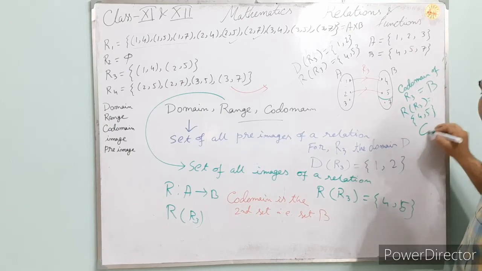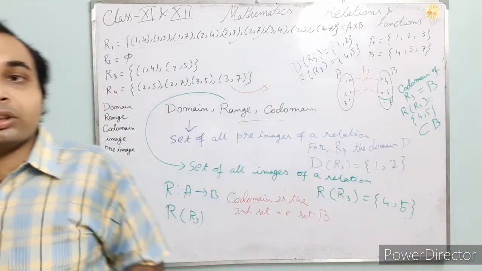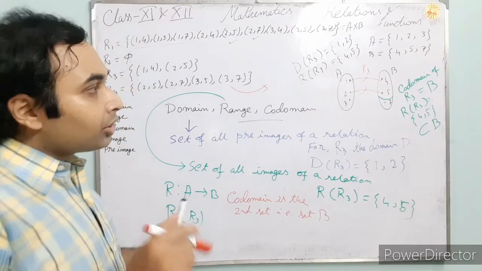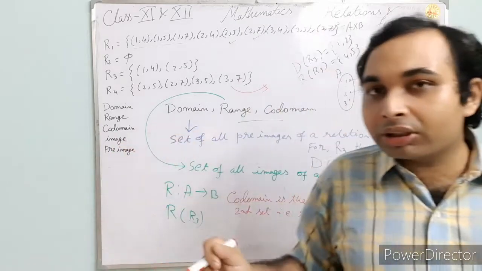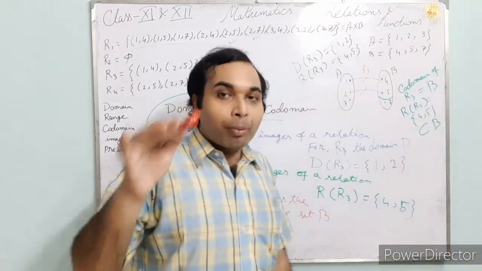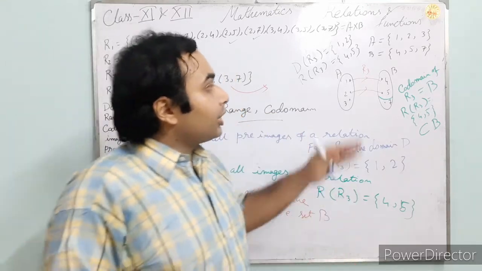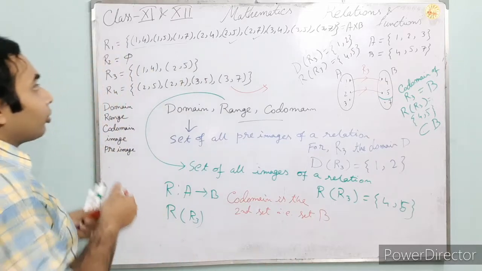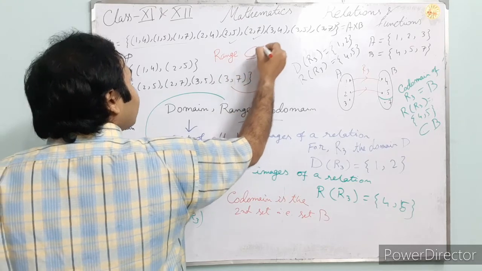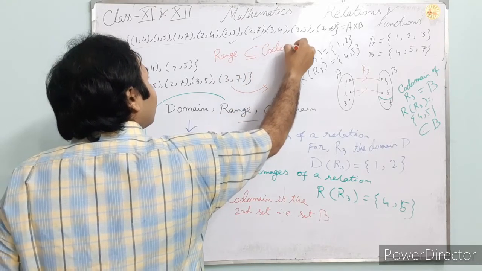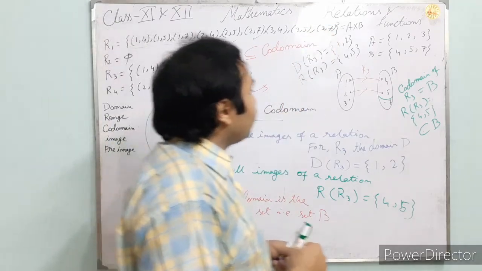That means a subset of B. So from this discussion it is very clear that the range will always be a subset of the codomain. Sometimes the range will be equal to the codomain, sometimes it will be a proper subset of the codomain, but the range will be a subset of the codomain. So from here we can conclude the range is a subset of the codomain. I think it is very clear to you.